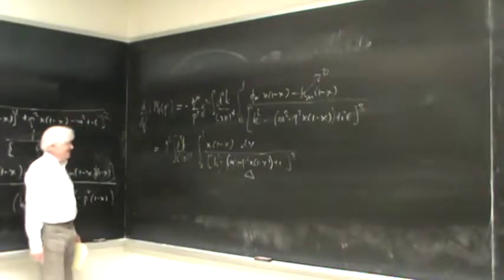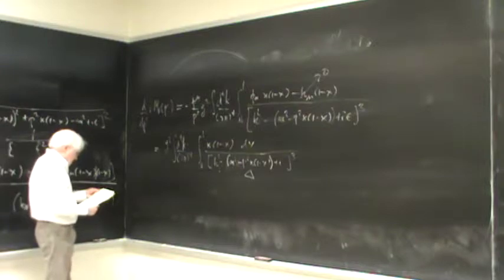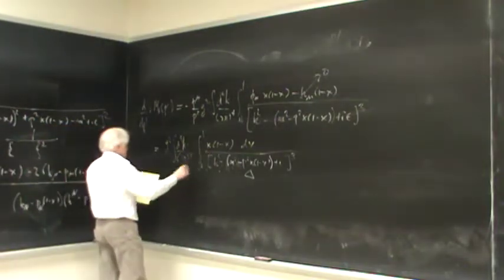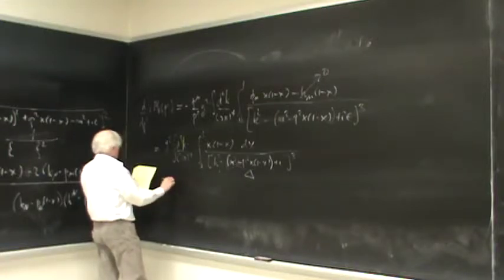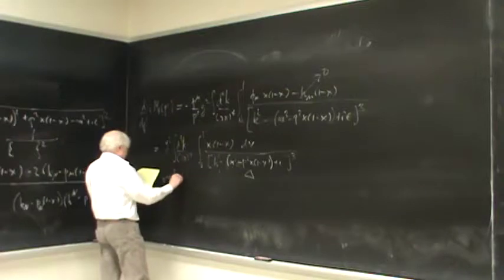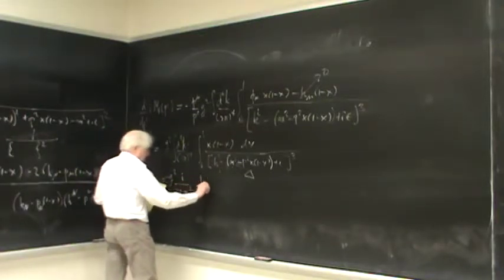Which is what I did this afternoon for the x integral, actually. I'll show you how to do this sort of integral. So this thing then turns out to be g squared with a minus I over 32 pi squared, 1 over delta.